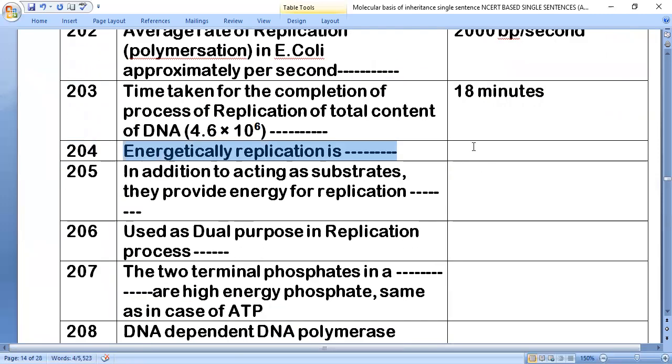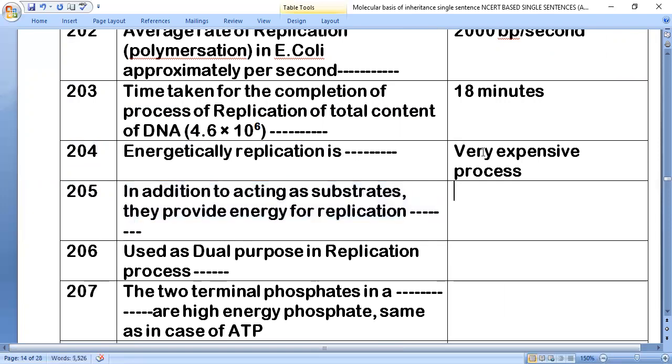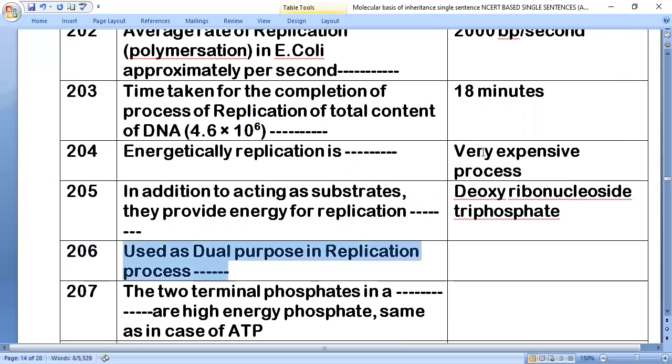Energetically, replication is a very expensive process. In addition to acting as substrates, deoxyribonucleoside triphosphates provide energy for replication, so they serve a dual purpose.